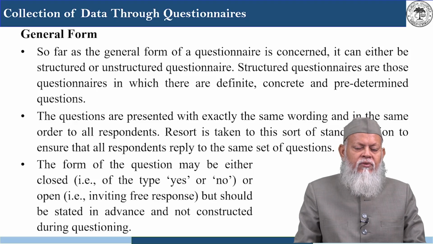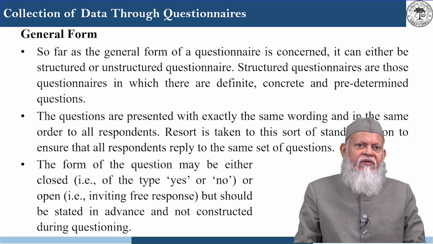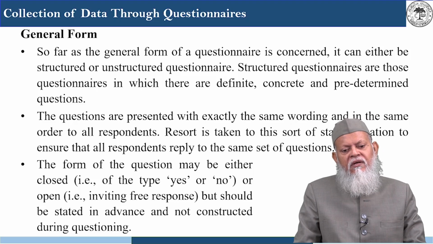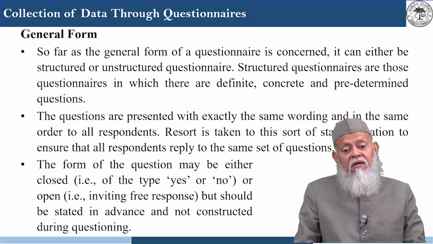So, it could be either dichotomous or multiple, or a space should be given so that the respondent freely gives responses to the questionnaires. But in all cases, it has to be stated in advance, and not constructed just during the time of the questioning.